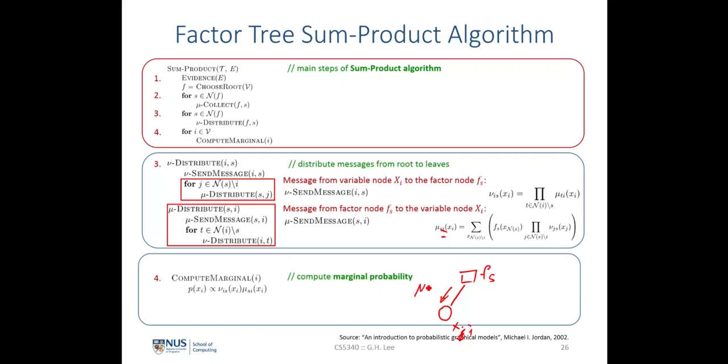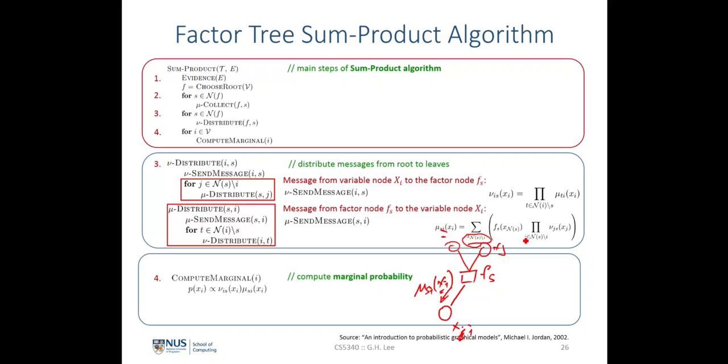So this would be mu s to xi, and since it contains only xi, we had better eliminate or marginalize away any random variable nodes, which we call xj, that are connected to this factor node fs. Hence the marginalization is over all the neighbors except for the random variable xi.